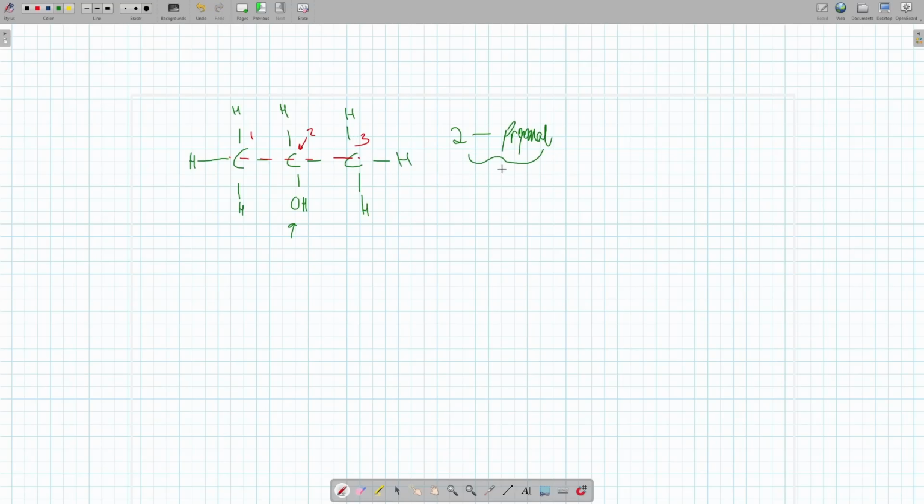But most of the time, if you look at marking schemes, they don't say this, they say propan-2-ol, because the OL is the group that's on the branch.